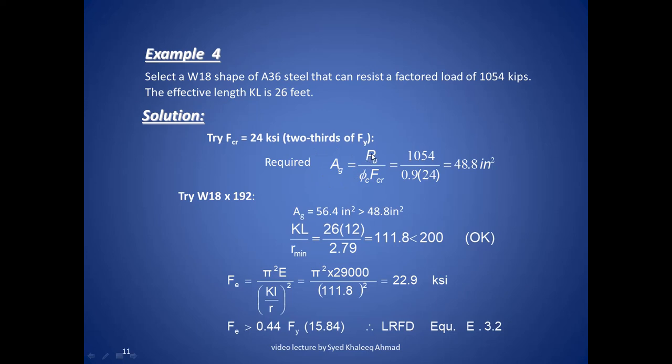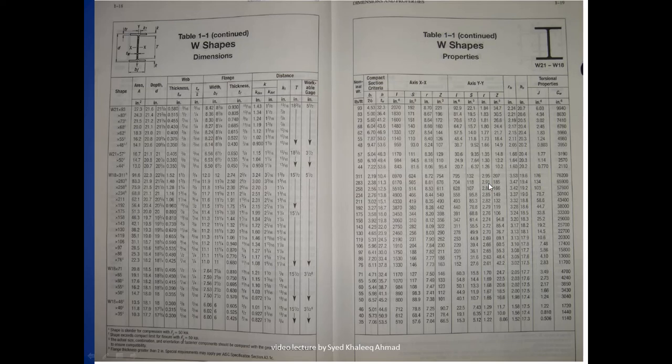Pu is given here, factored load divided by phi c Fcr. Phi c will be 0.9, and we substitute here the critical stress. That gives you a value of gross area 48.8. Now based on this gross area, you have to select a section from steel sections table. You can see here.